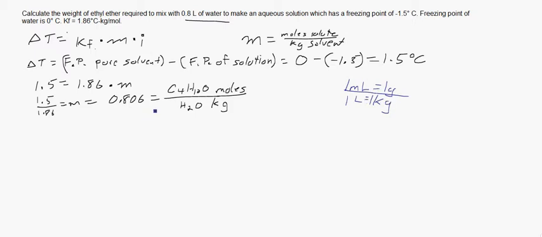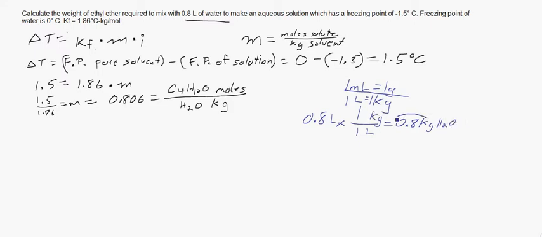So knowing that right there, we can find this value here. We find that by saying, okay, if we're given 0.8 liters of water and we want kilograms, and want to get rid of these liters, well, as you can see from up here, every 1 kilogram is equal to 1 liter. So that's just 0.8 kilograms of water.